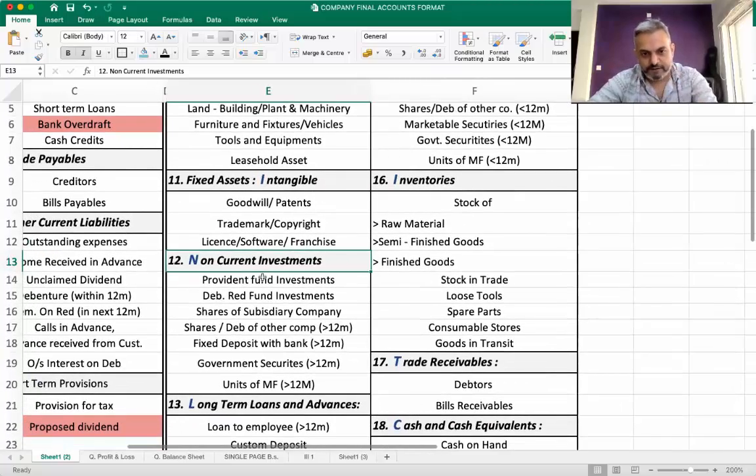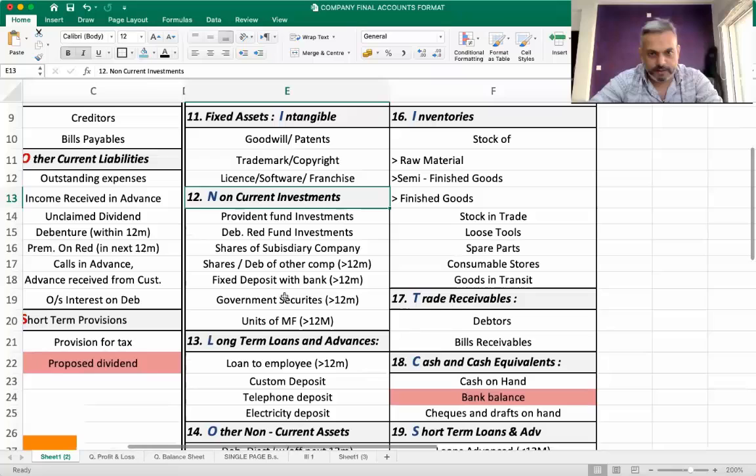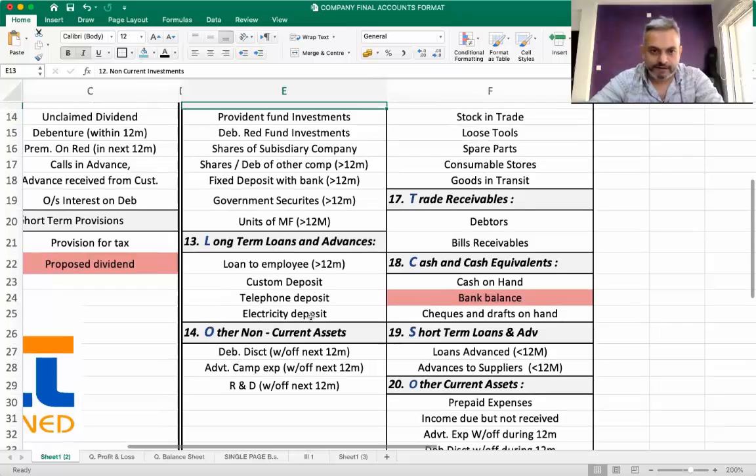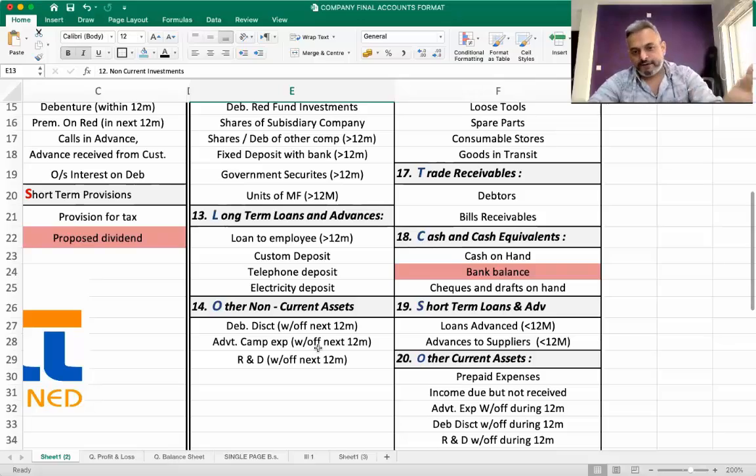Provident fund investment, debenture redemption fund investment, shares of subsidiary company, everything will come in non-current investment. Long-term loans and advances: loan given to employee for more than 12 months, customs deposit, telephone deposit, electricity deposit. Then other non-current assets: expenses to be written off, deferred revenue expenses after 12 months.